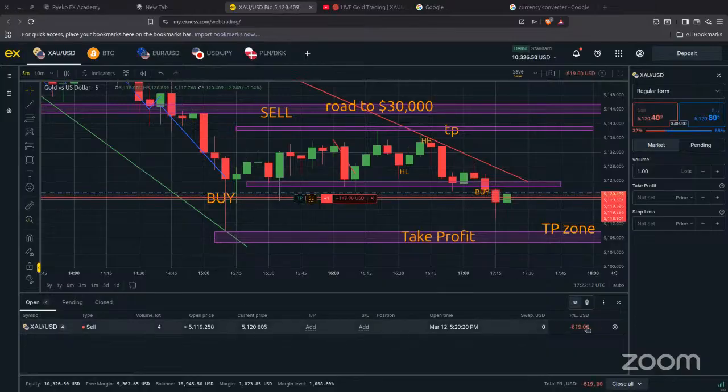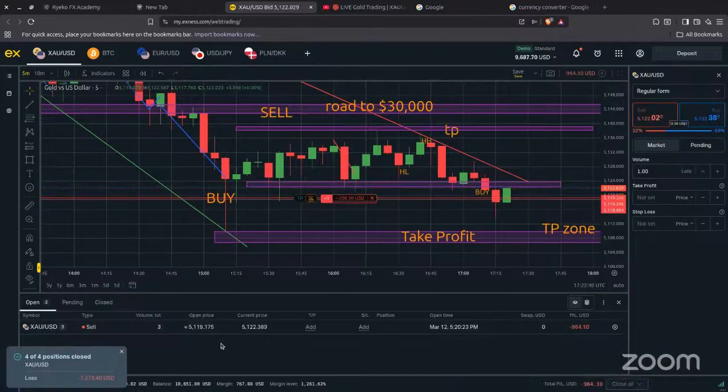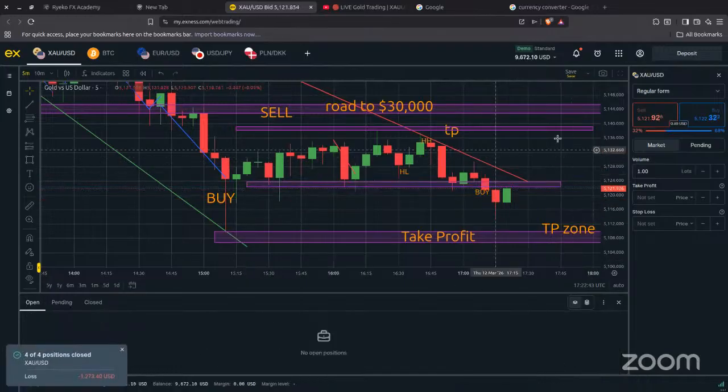You told me to sell, I'm making losses. What nonsense is this? And you see here, this is a hammer. A hammer indicates that it's going to go in a reversal. Look. Just want us to blow up this account.